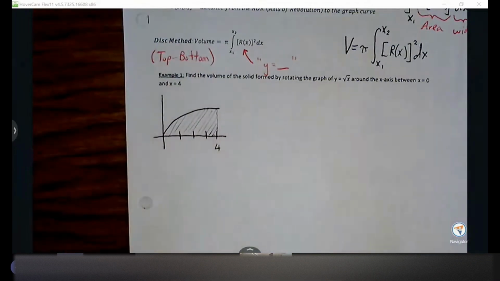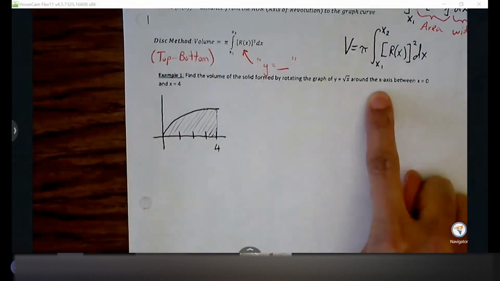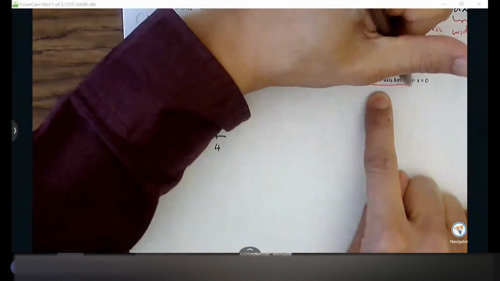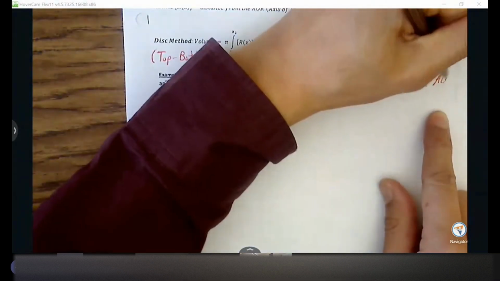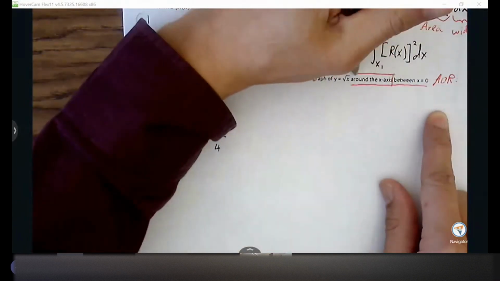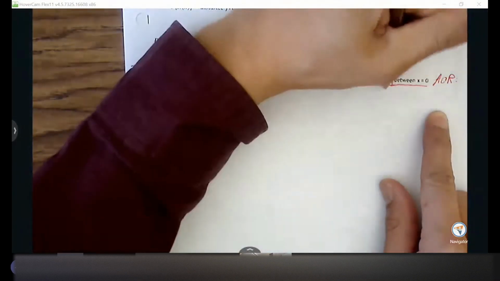All right, so I want you to do this here. We're going to be rotating around the x-axis. So whenever you see the word around, you know that they're about to tell you where the axis of revolution is. Around the x-axis. So that's y equals 0, right?